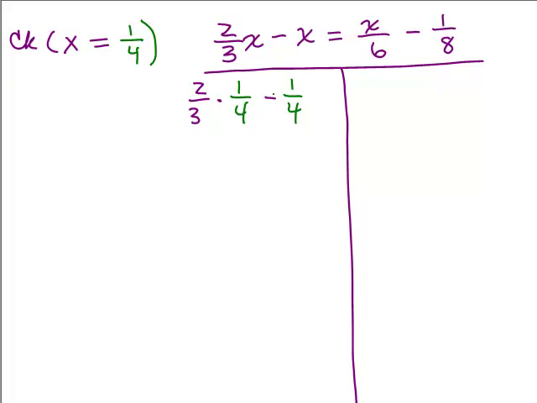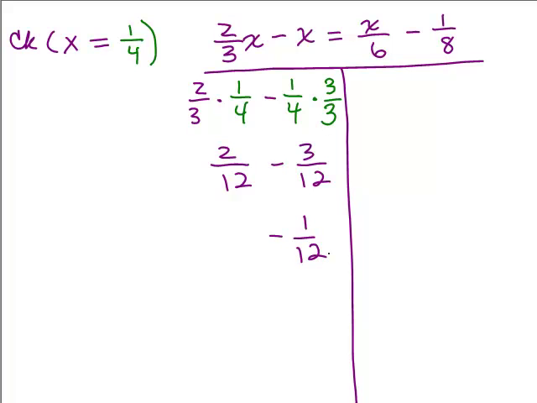You could actually reduce the 2 and 4 first, but it doesn't make it any easier. So I'm going to multiply this fraction by 3/3 so I have a common denominator. So I've got 2/12 minus 3/12, and that's 2 plus negative 3, or negative 1/12.